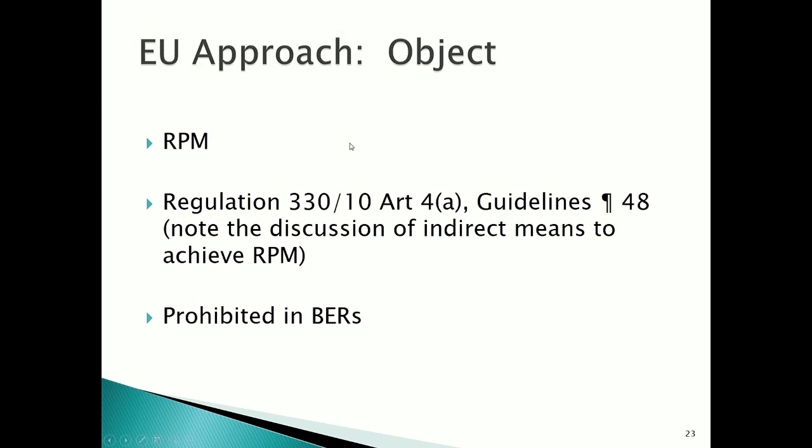So in most cases where you have a large market share, vertical agreements will be analyzed by the object effect distinction that we talked about earlier, right? Okay, and in particular, resale price maintenance is very much viewed as a restriction by object.